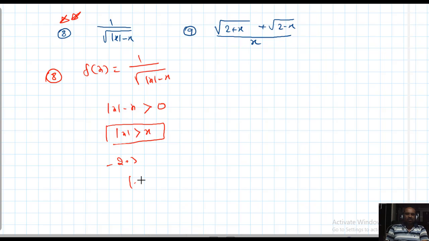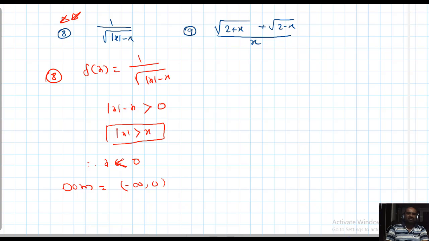Mod of minus 2.3 is greater than minus 2.3. So mod of minus 2.3 is 2.3, and 2.3 greater than minus 2.3 is a correct statement. This should be greater than a negative number only. What is the meaning of that? Negative numbers will satisfy. Therefore I can say x less than 0 first of all. After that, the domain equal to minus infinity to 0.